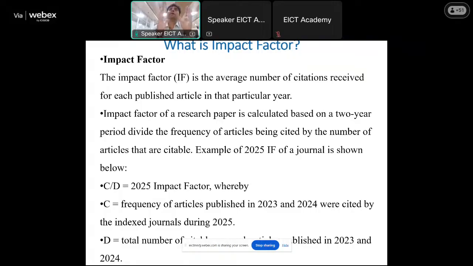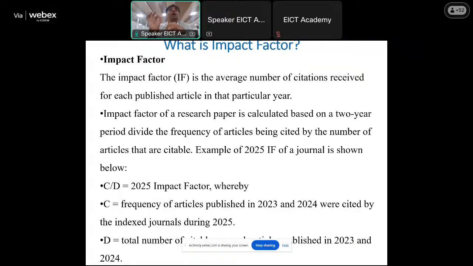So it is something like that in a particular journal, yearly 100 articles are published. ठीक है? So that means for 2 years, 200 articles are published. So the total number of articles, D, is 200. Now, citation of the article. What do you mean by citation of the article? Whenever an article comes under the reference list of a published article, I consider that as a citation of the article.